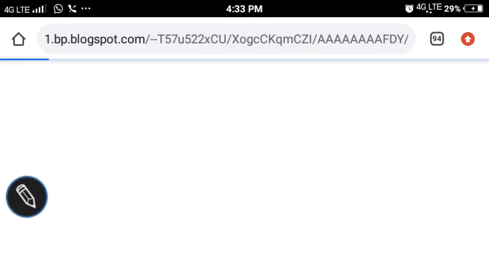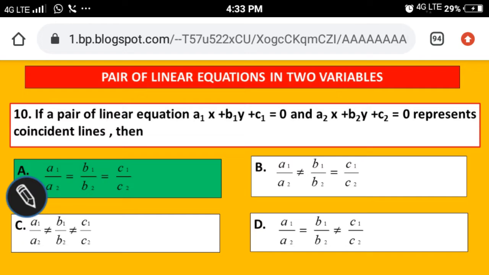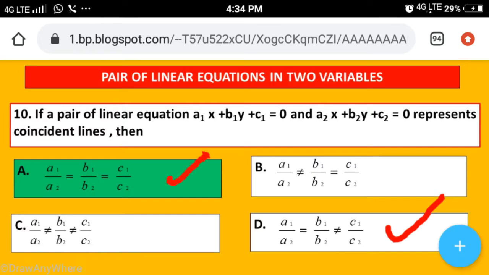When the lines are intersecting, the condition is a1 by a2 is not equal to b1 by b2. When the lines are parallel, a1 by a2 equals b1 by b2, and that is not equal to c1 by c2. And when the lines are coincident, a1 by a2 equals b1 by b2, and that equals c1 by c2. So this is the condition for coincident lines.